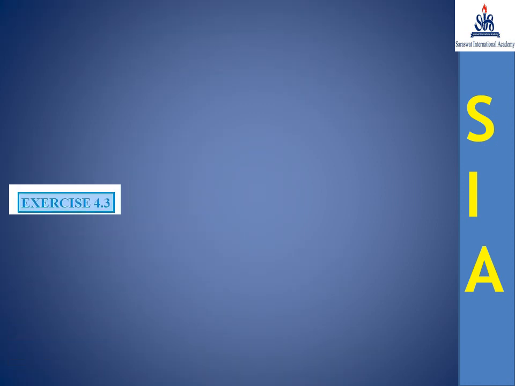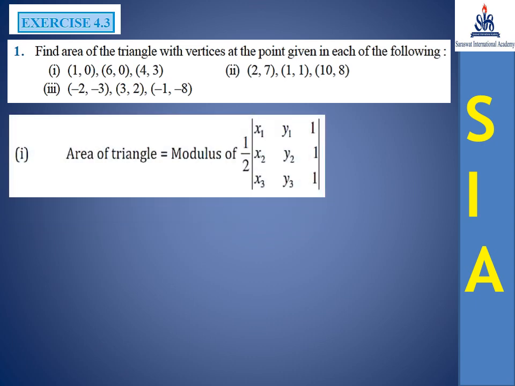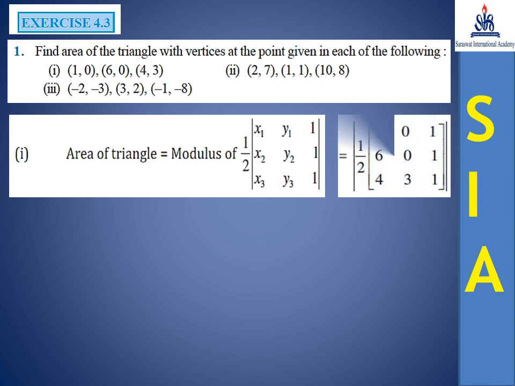Next one. Exercise 4.3, Example 4. Find the area of the triangle with the given 3 vertices, and here there are 3 numericals. So first, area of triangle is half of the determinant x1 y1, x2 y2, x3 y3, and third column 1, 1, 1. Putting values: x1 y1 is 1 comma 0, x2 y2 is 6 comma 0, x3 y3 is 4 comma 3.